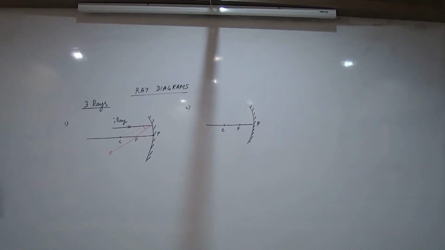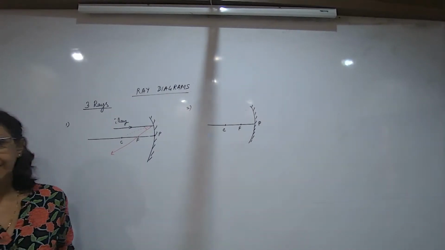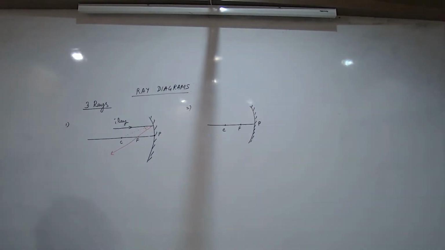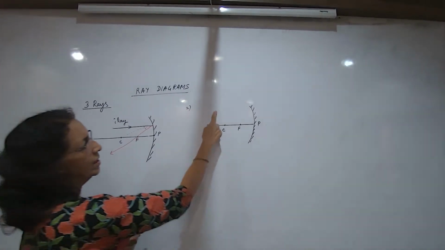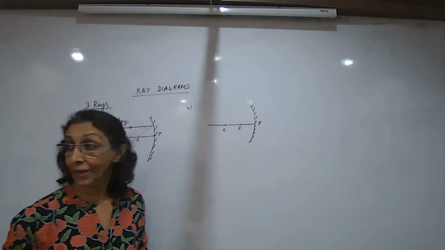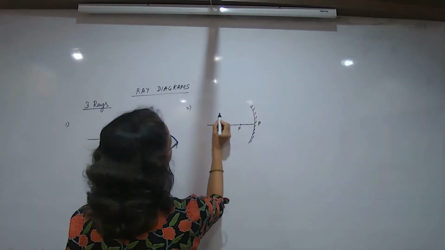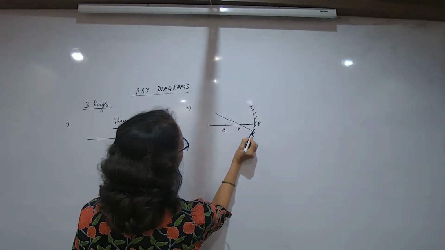How is the incident ray passing in the second one? Look at this diagram here. Where is the incident ray passing through? F.